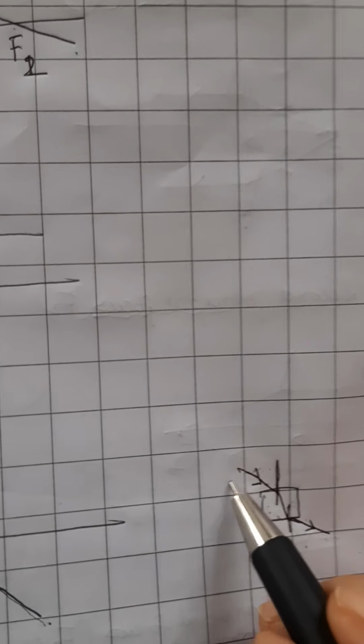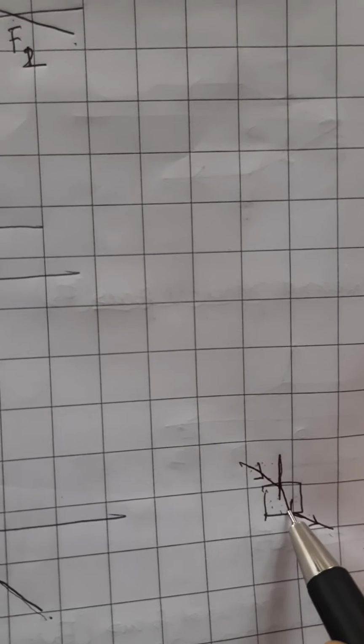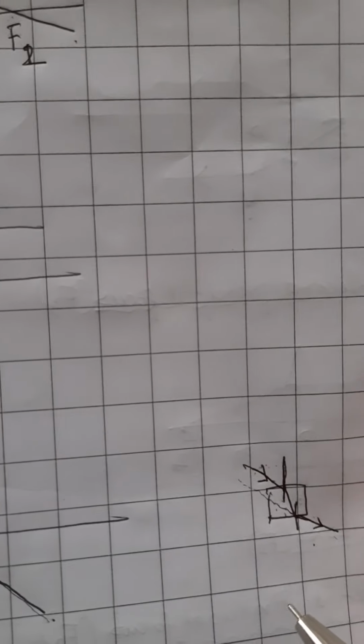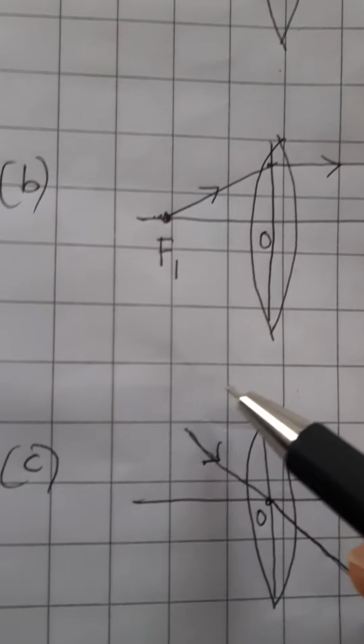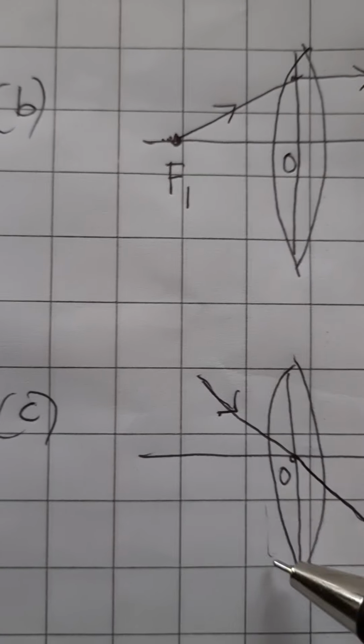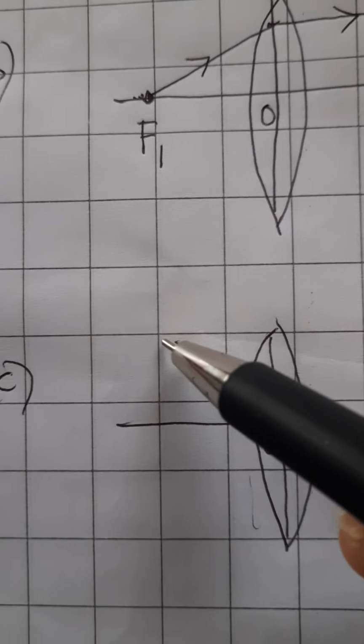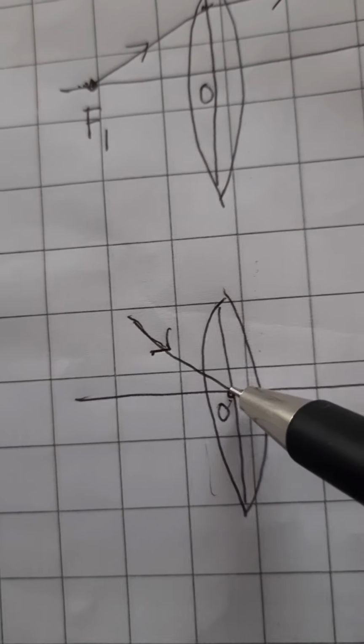These two rays are going to be parallel to each other. This would have been the original direction. But when the lens is very, very thin, we consider that it will not suffer any refraction. It will just move out in a straight line. This is in the case of convex lens.